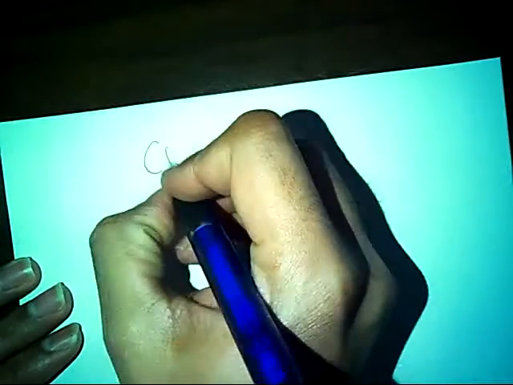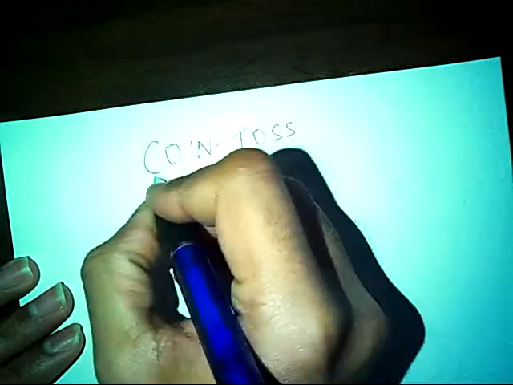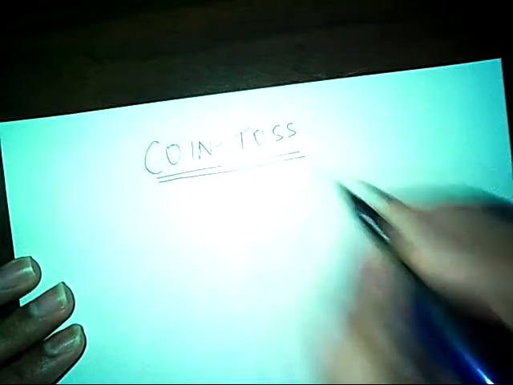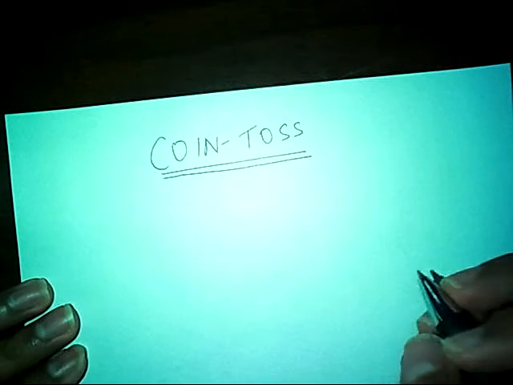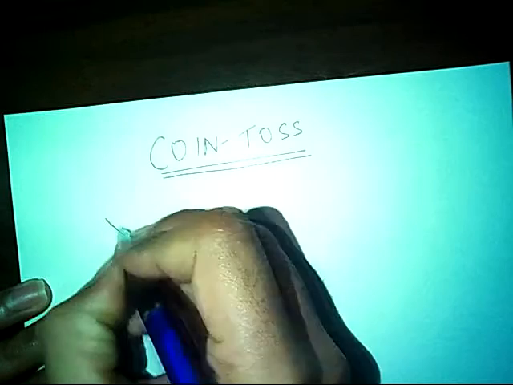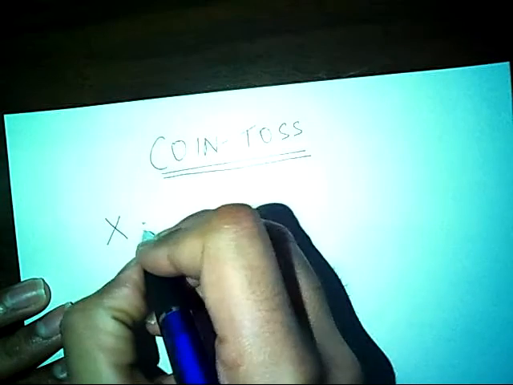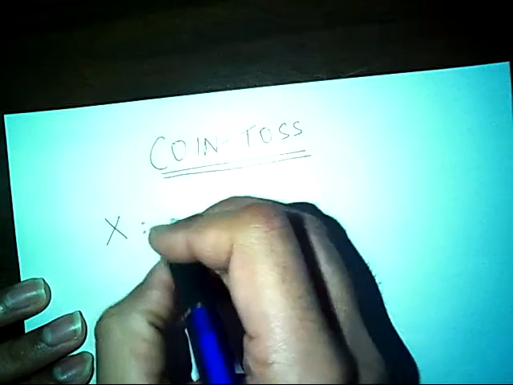So now that we have recollected Bayes' theorem, let us talk about a Bernoulli experiment. So let us talk about a coin toss. Let me assume that I have a coin, and let me define a random variable x, which would be a result of a single toss of a coin.